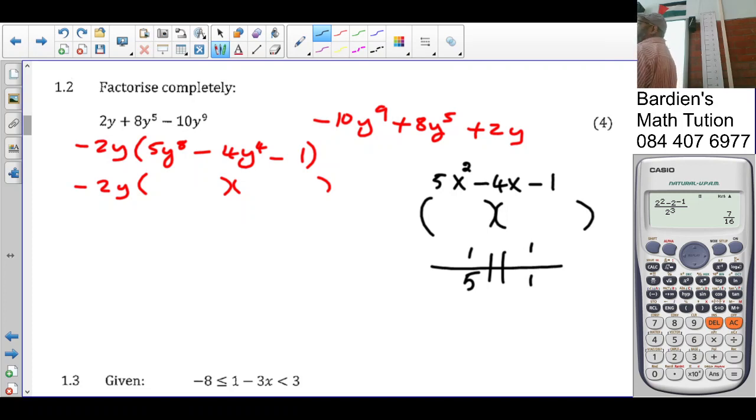Do we add or subtract our factors? Subtract. So 5 minus 1 is 4, and that's what I want. That would have been a 1 and a 1, a 5 and a 1, because x and an x. So what do you know about the signs? 1 plus, 1 minus. The bigger one is going to be minus.